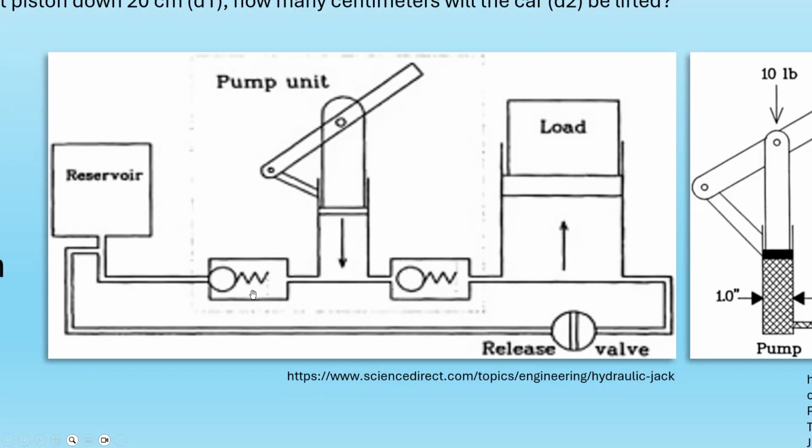Over here we've got, believe it or not, what are supposed to be one-way flow control check valves. Remember the ping pong ball analogy that we used with the one-way control valve in pneumatics when we were adjusting the airflow? It's a similar idea.